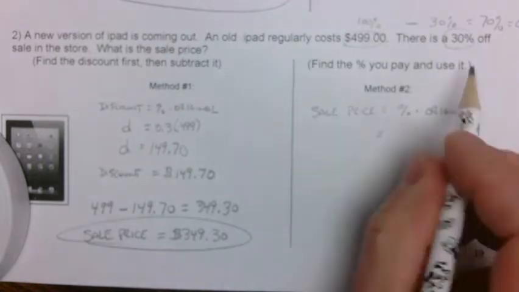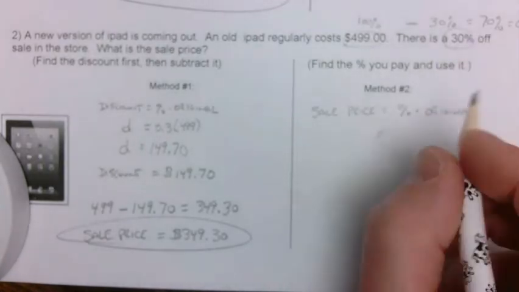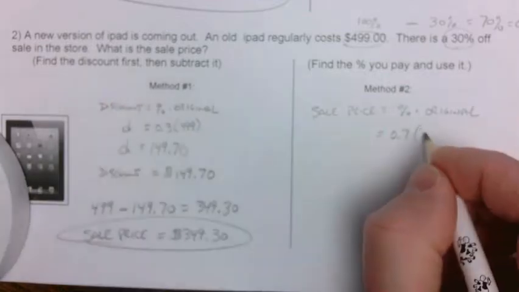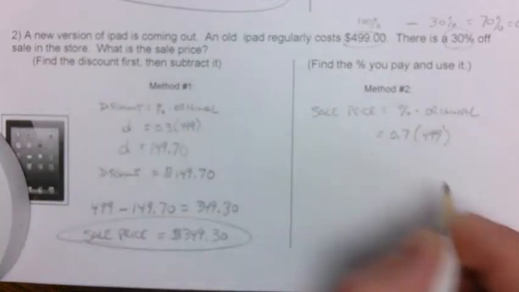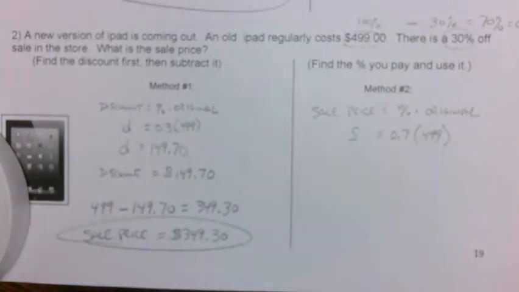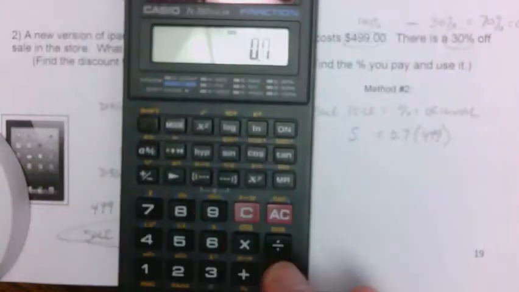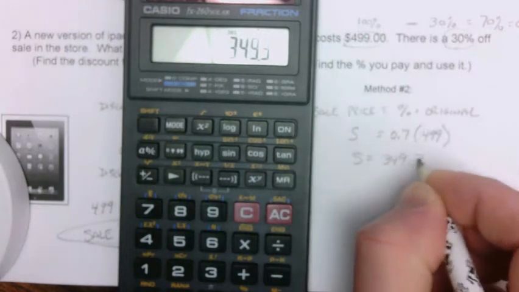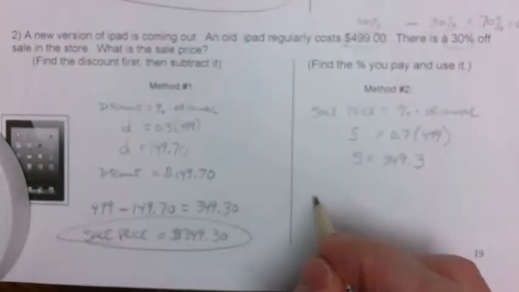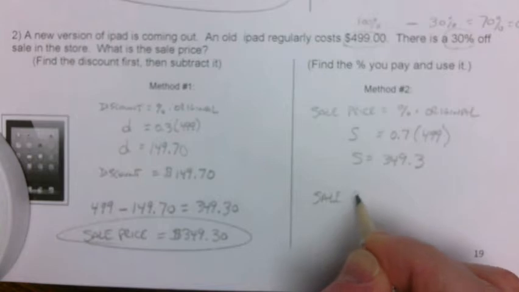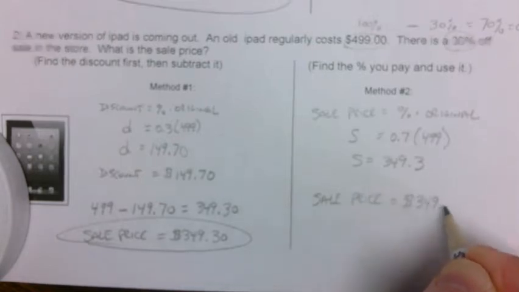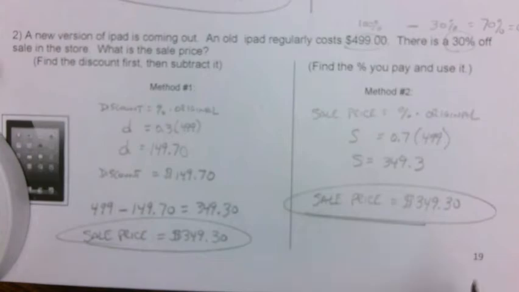All right, we're still paying 70%, as a decimal that's 7/10, times the original price, which was $499. And that'll give us the value of S. 7/10 times 499. S equals 349 and 3/10, which again means that the sale price is $349.30.